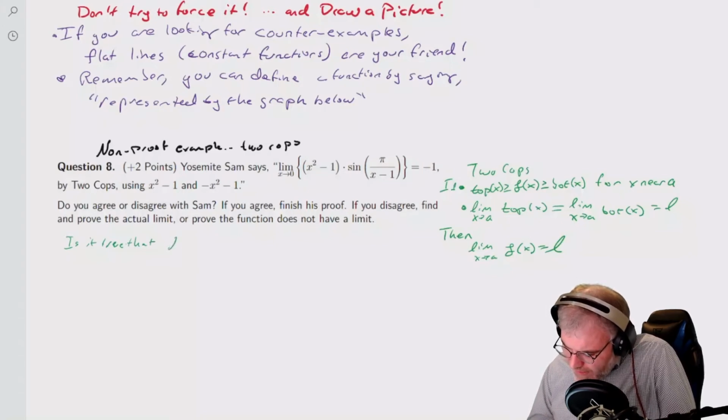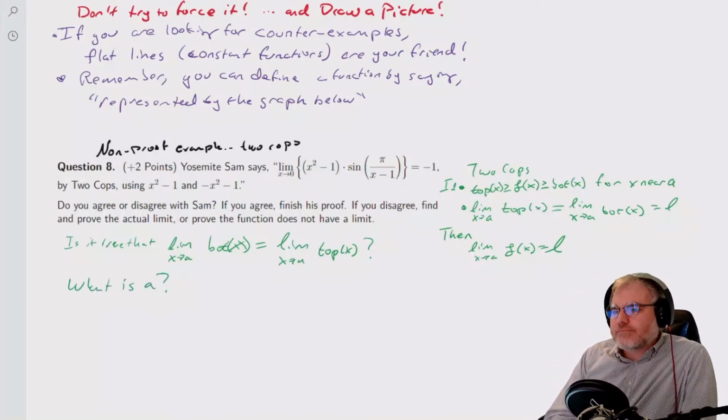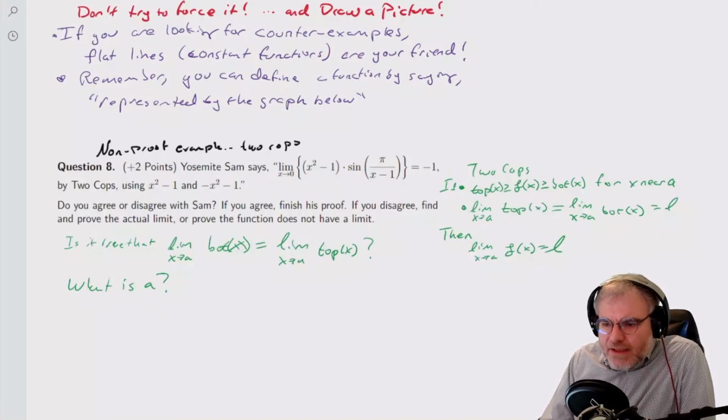Is it true that the limit as x goes to a of bot of x equals the limit as x goes to a of top of x? Well, what is a?